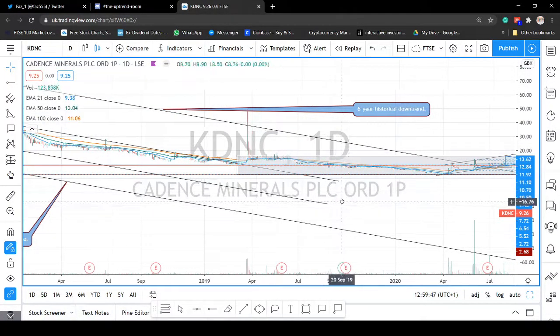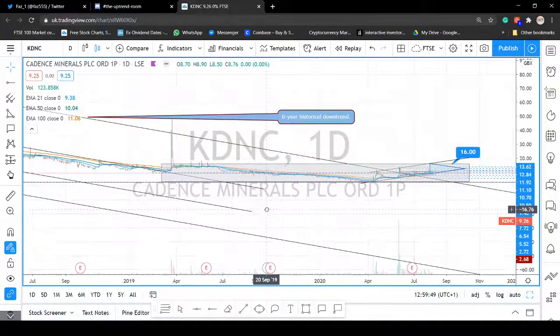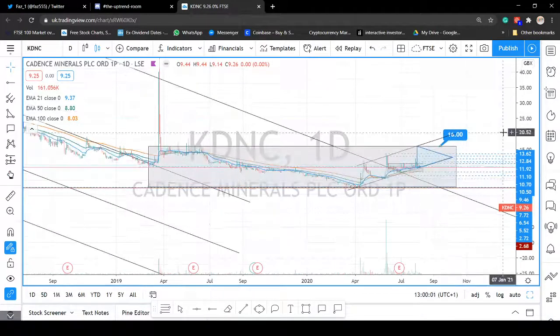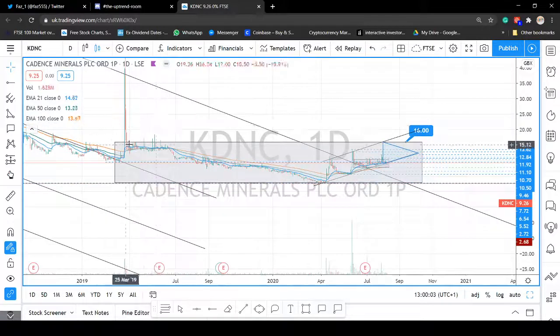But something interesting has been happening recently, guys. Price broke out of the historical tighter bandwidth downtrend and went into a consolidation phase, as we can see along here. Price came up, could not close above 16.22. Came back down.